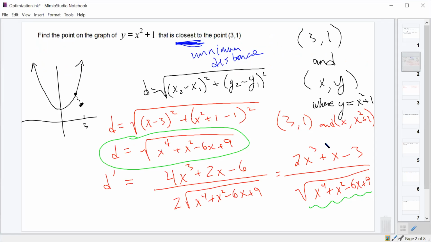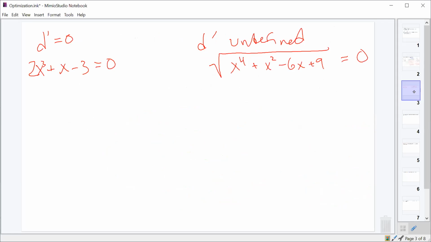Is the distance between that point and that function ever 0? No, because that point is not on the function. So we'll say this is never true because d never equals 0. All right, now what about this one? When is this true?